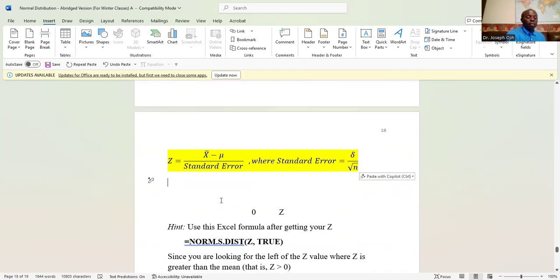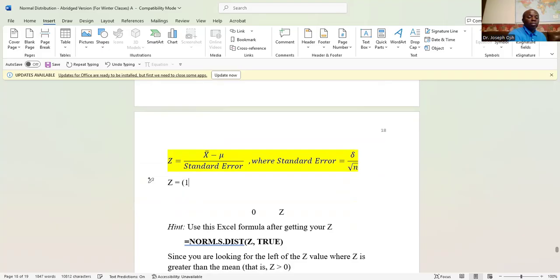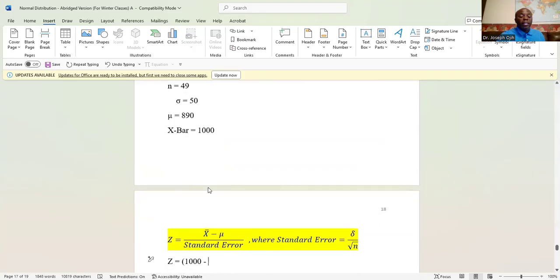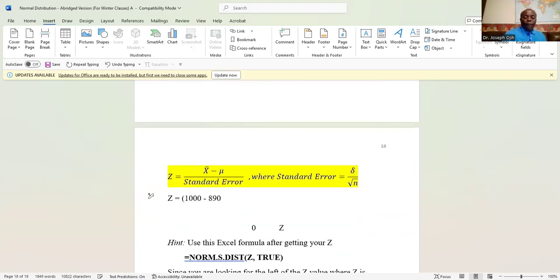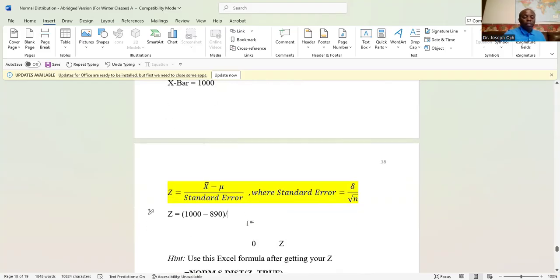So our Z becomes the sample mean, which is X bar, not X. The sample mean is 1000, minus the population mean, which is 890, close the parenthesis, and divided by the standard error, which is 7.143.